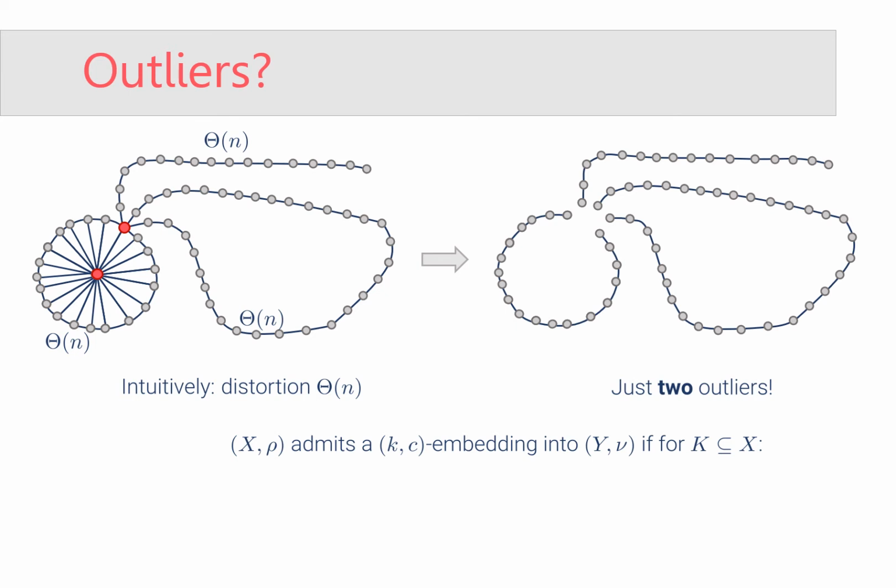So the metric space admits a (K, C) embedding into some other metric space if there exists a subset of our points in the metric space such that if we remove these points and look at the induced metric, then the induced metric space admits a C embedding into the target space, with respect to the multiplicative distortion. And the cardinality of our outlier set is at most K, the parameter we give.